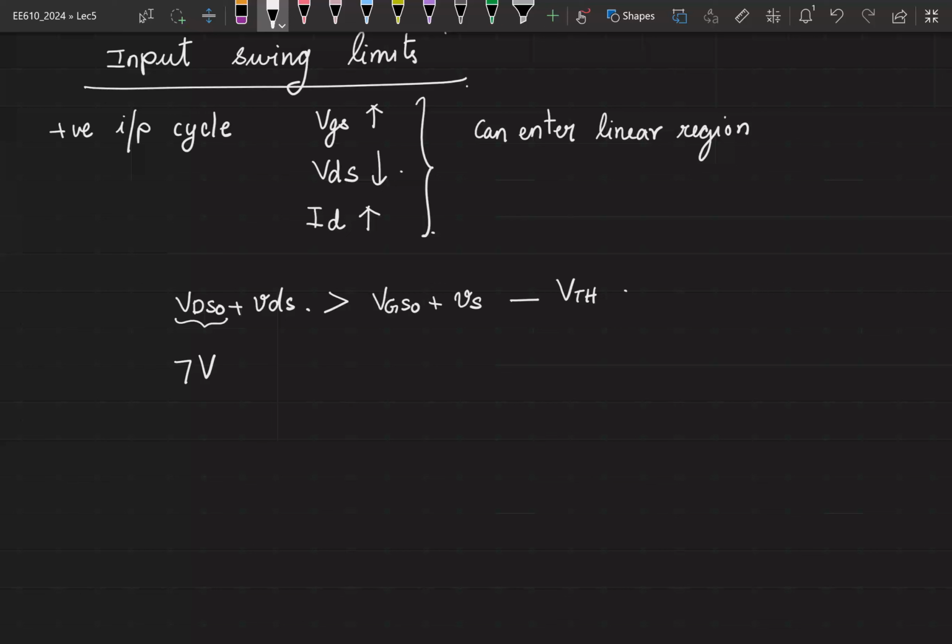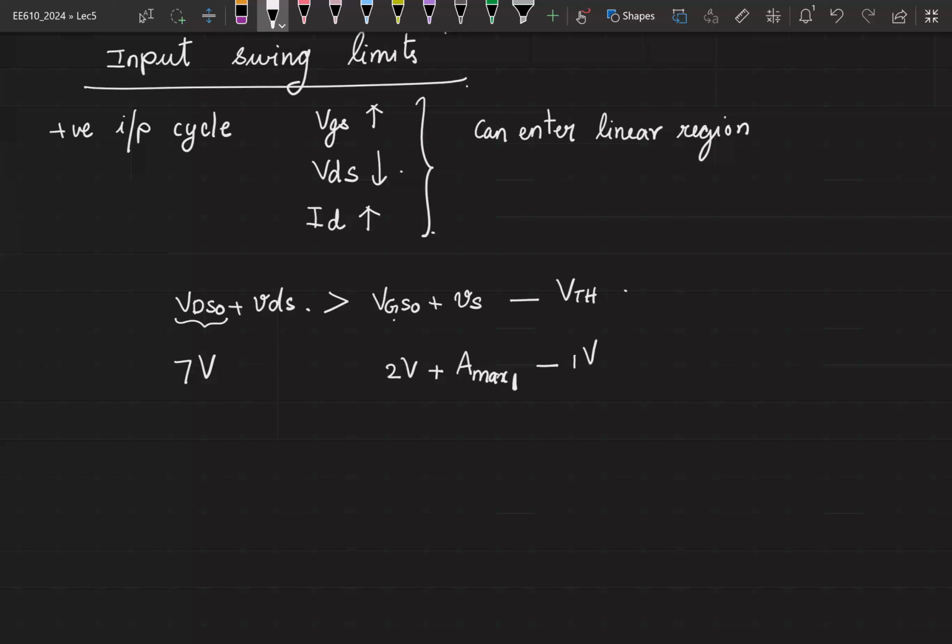So this is 7 volt. What was the VGS0? 2 volt, right? You are assuming a positive input cycle. So I'll directly write it as some A max 1, right? I'm assuming the maximum possible input during the positive cycle minus what is VTH?